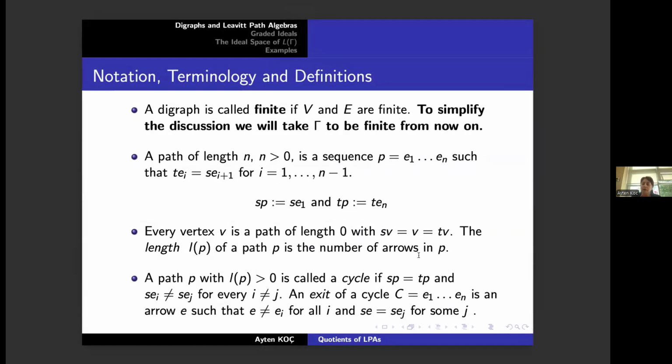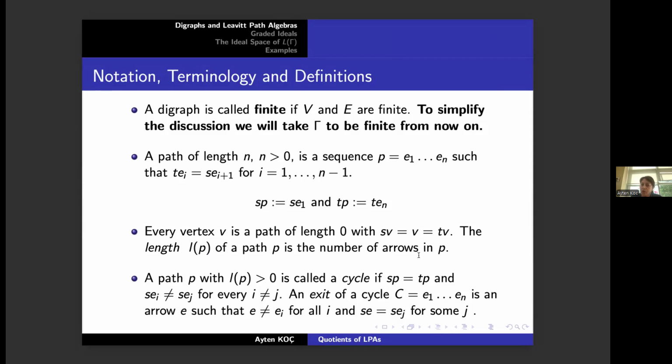A digraph is called finite if the vertex set and arrow set are finite. To simplify the discussion, we will consider only finite digraphs today. A path P is a sequence E1, E2, ..., En such that the target of any arrow is the source of the next arrow.